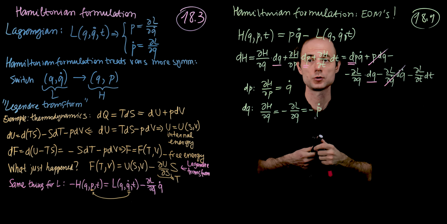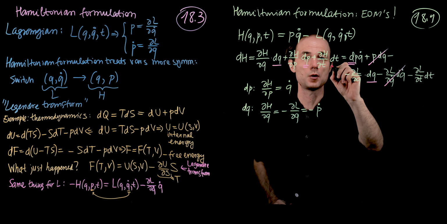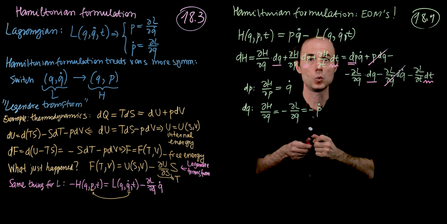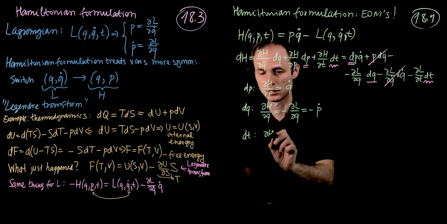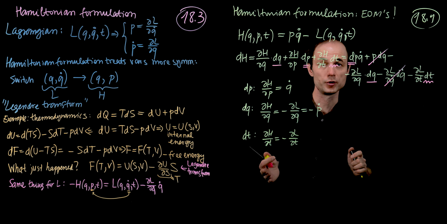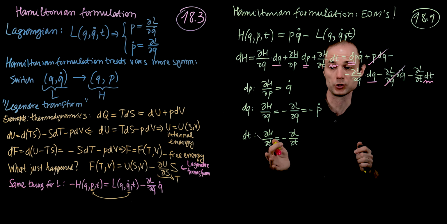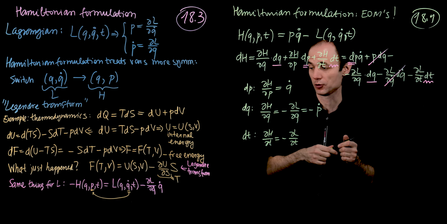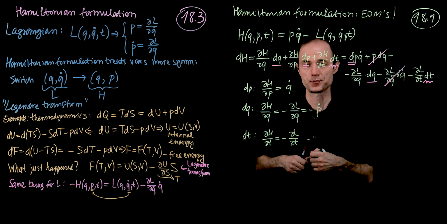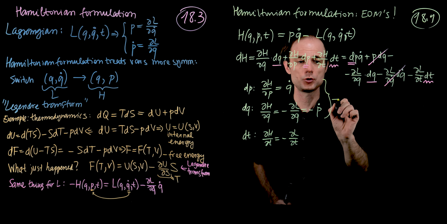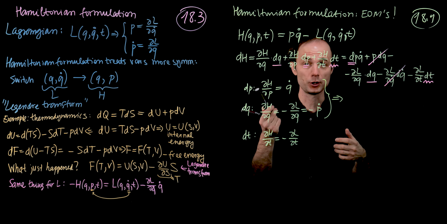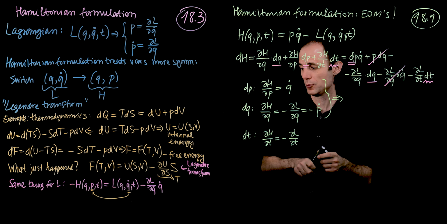And finally, we can do exactly the same thing, but with time. And we are getting that the partial derivative of Hamiltonian with respect to time is negative of the partial derivative of the Lagrangian with respect to time. So from these first two equations, we can get the Hamiltonian formulation for the equations of motion.